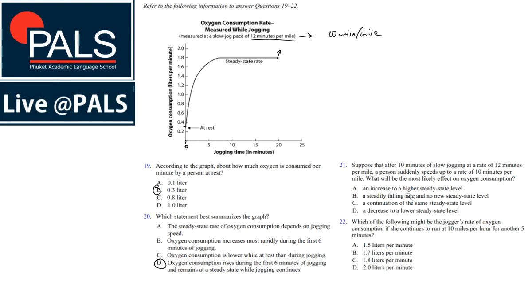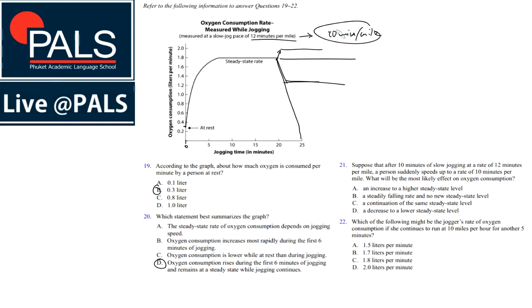An increase to a higher steady state level, a steadily falling rate, to a new state level, a continuation of the same state level, a decrease to a lower steady state level. Oh, no new state level, that's what they said first in B. So that's what B says, steadily falling, no new state, and then D says decreasing but finding a new state.